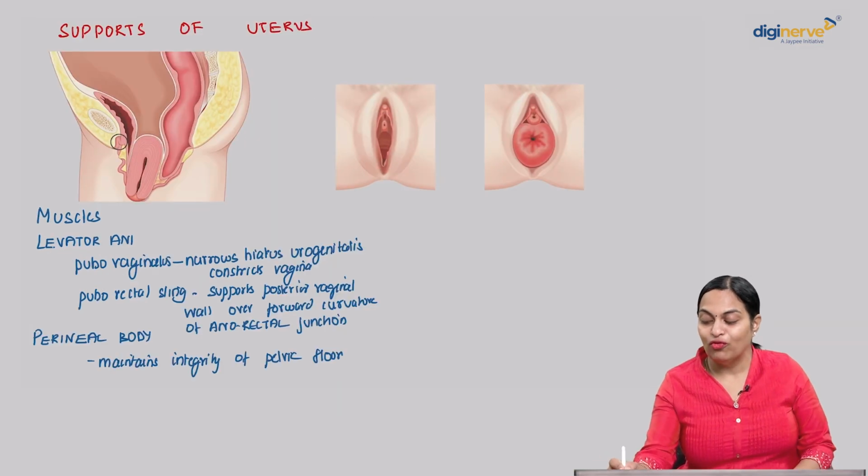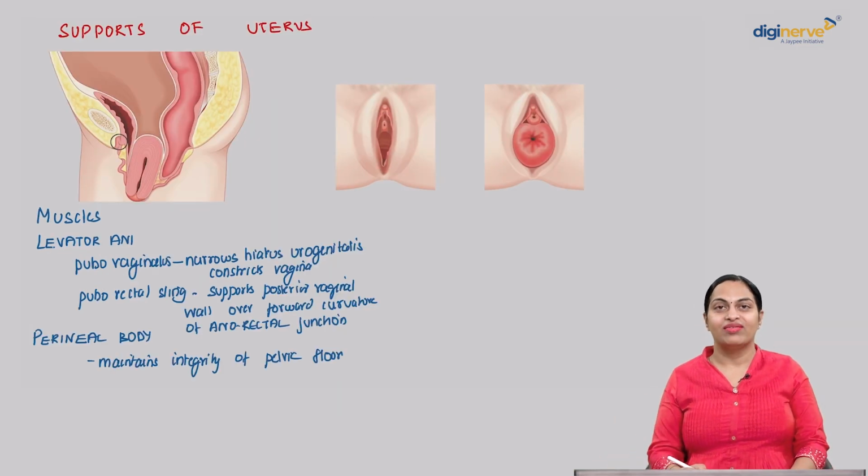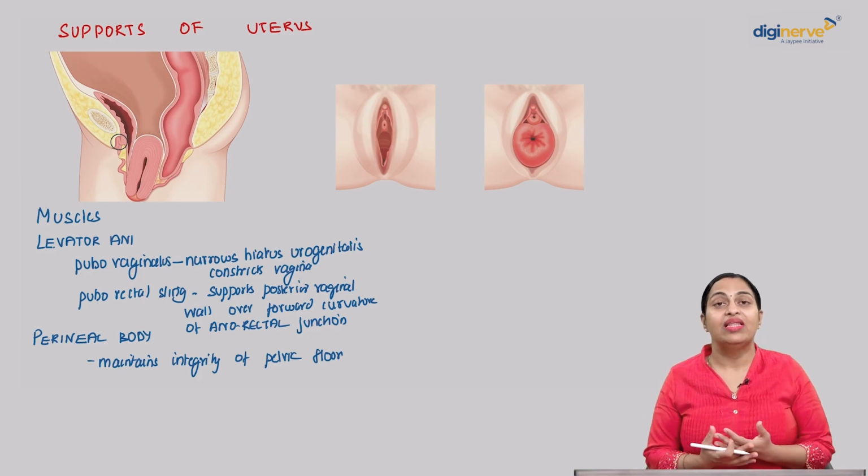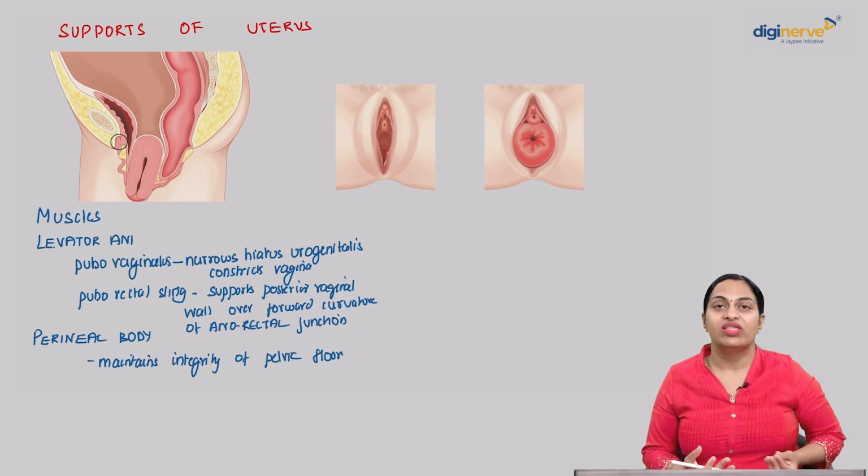The supports of uterus, again, very important. To prevent uterine prolapse, the main role is by the muscles and ligaments. The muscular component is provided by the pelvic diaphragm, which supports the uterus, and the components of the levator ani, especially the pubovaginalis.